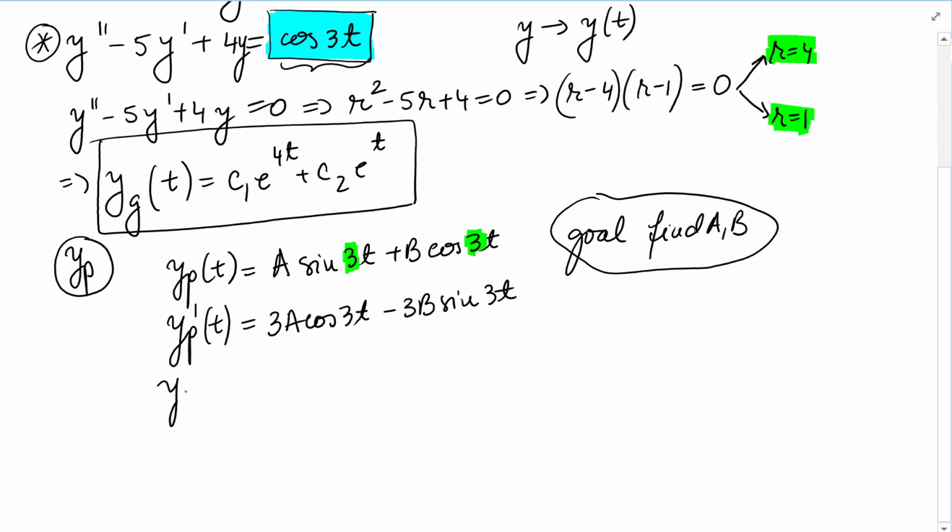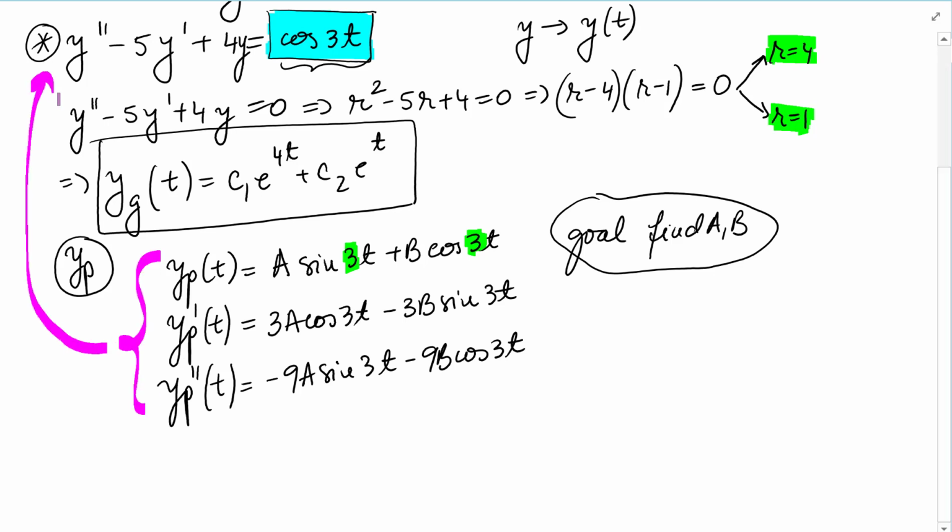Then the second derivative is negative 9A sine of 3t minus 9B cosine of 3t. We take these derivatives and replace them into equation star.